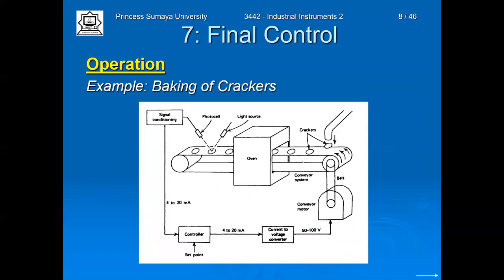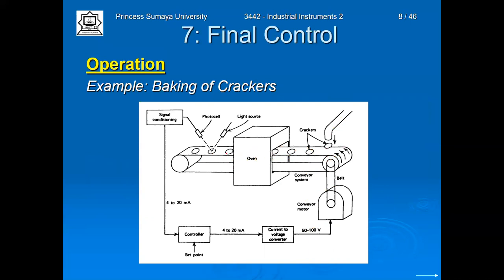We have an example here. This is an oven here. We have crackers here. The crackers move with the conveyor belt here. This is the supply of crackers before the oven, for entering the oven.